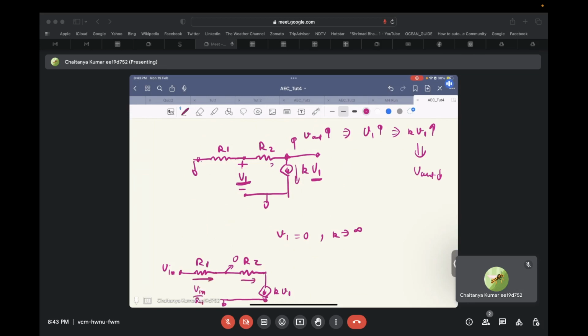The same current flows over here also, and the output becomes minus R2 by R1 times V in.